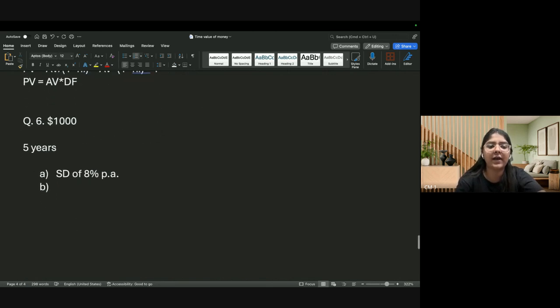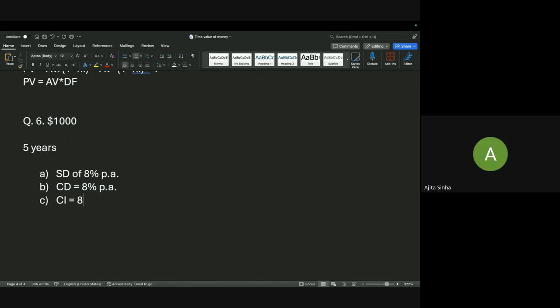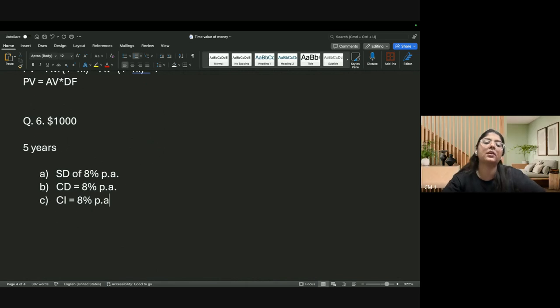You can start solving. I will write all the parts. Compound discount of 8%. Then compound interest of 8%. The question is that you have an investment of $1,000 and you have to find the accumulation after 5 years using all of these rates. So accumulated value you have to find out.